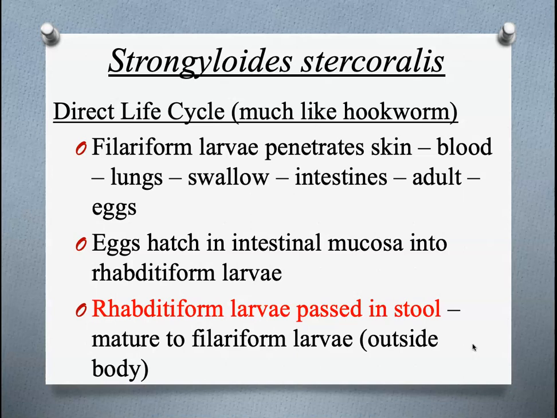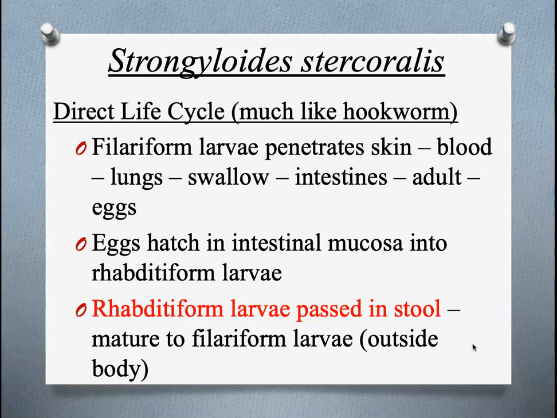Remember, this could happen with hookworms, but it was only when the patient was constipated. This is the preferred course for Strongyloides. The diagnostic stage for Strongyloides stercoralis, your first choice answer, is rhabditiform larva in stool. It is not eggs in stool.